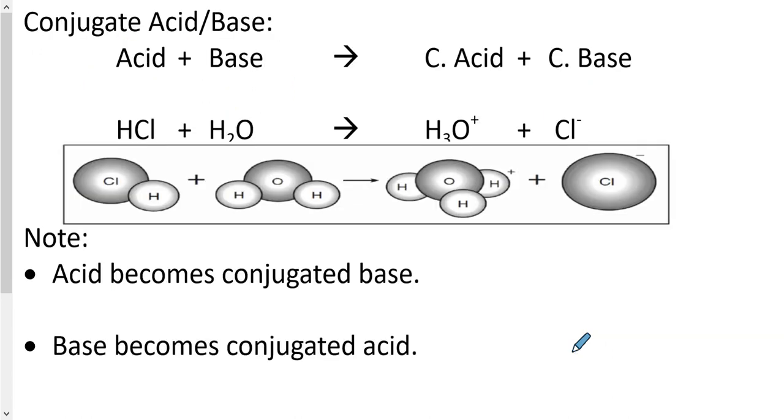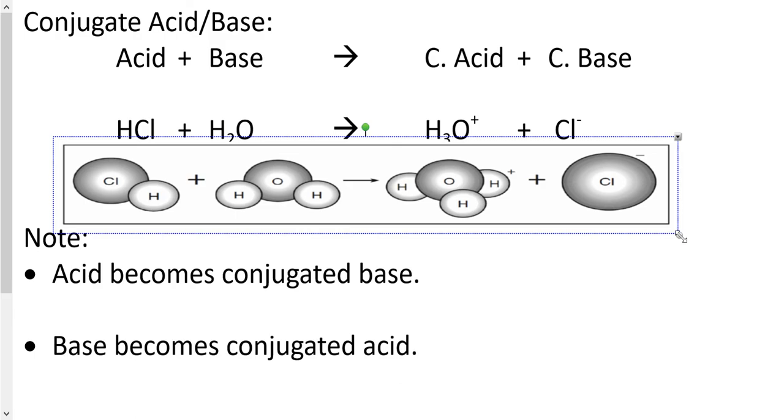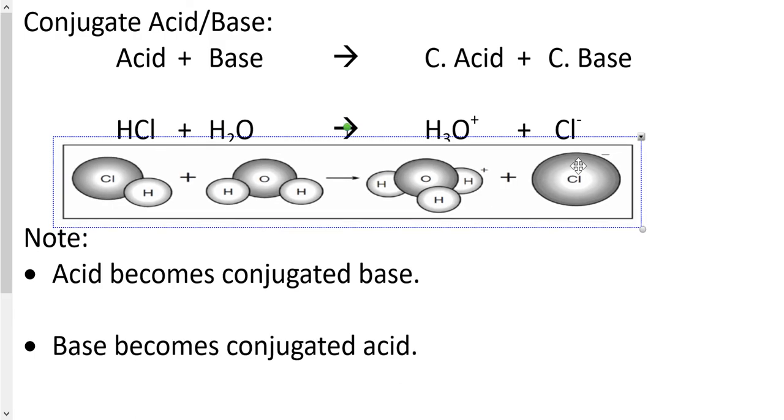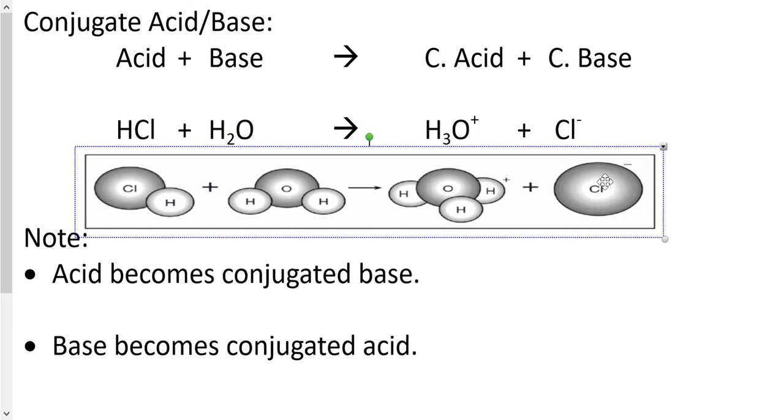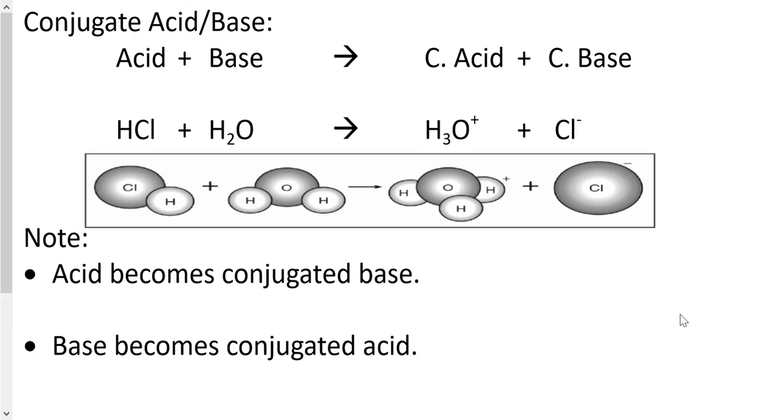Now, this is a question where we're going to take a look at an acid-base reaction, but this is not a neutralization reaction, right? So it's a different kind of acid-base reaction where we're going to form a new acid and a new base.